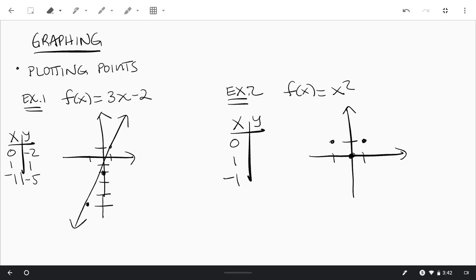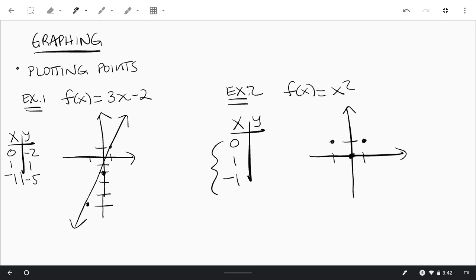Okay, but you don't have to choose these three numbers. If you want to choose 1.78 as your x value, you are more than welcome to. All right, and then you just take these values right here, and all you do is plug them in to the function.